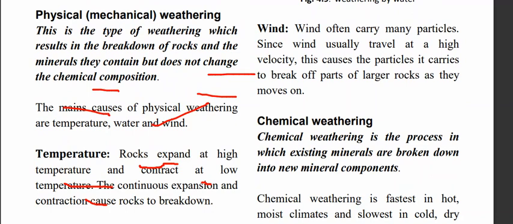Let's move on to look at what physical weathering is. Another name for physical weathering is mechanical weathering. It is a type of weathering which results in the breakdown of rocks and the minerals they contain, but does not change the chemical composition.